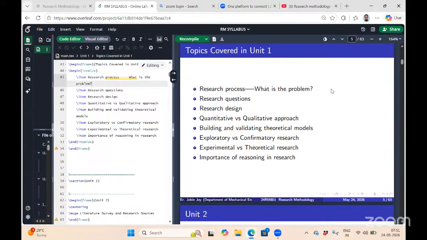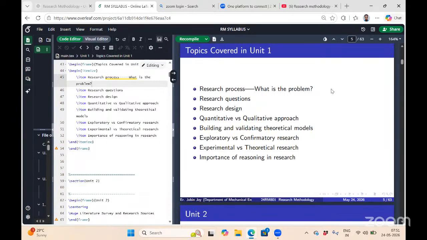Confirmatory research means testing existing hypotheses or theories using structured methods. The main aim is to confirm whether the hypothesis or theory is correct or not. For example, testing whether automation improves productivity, or verifying the effectiveness of a medicine.